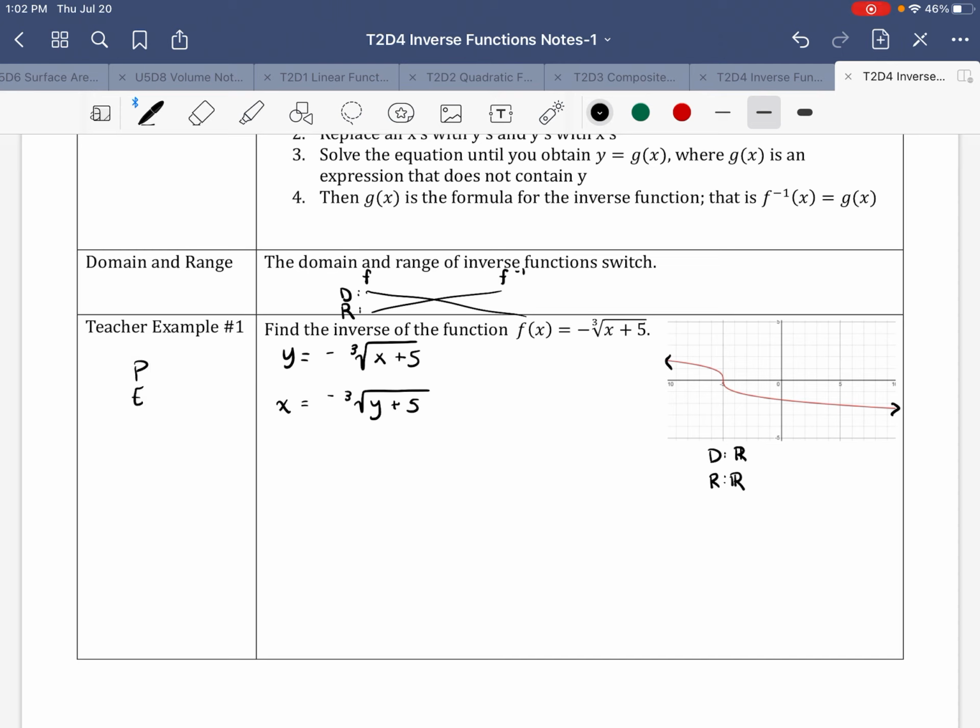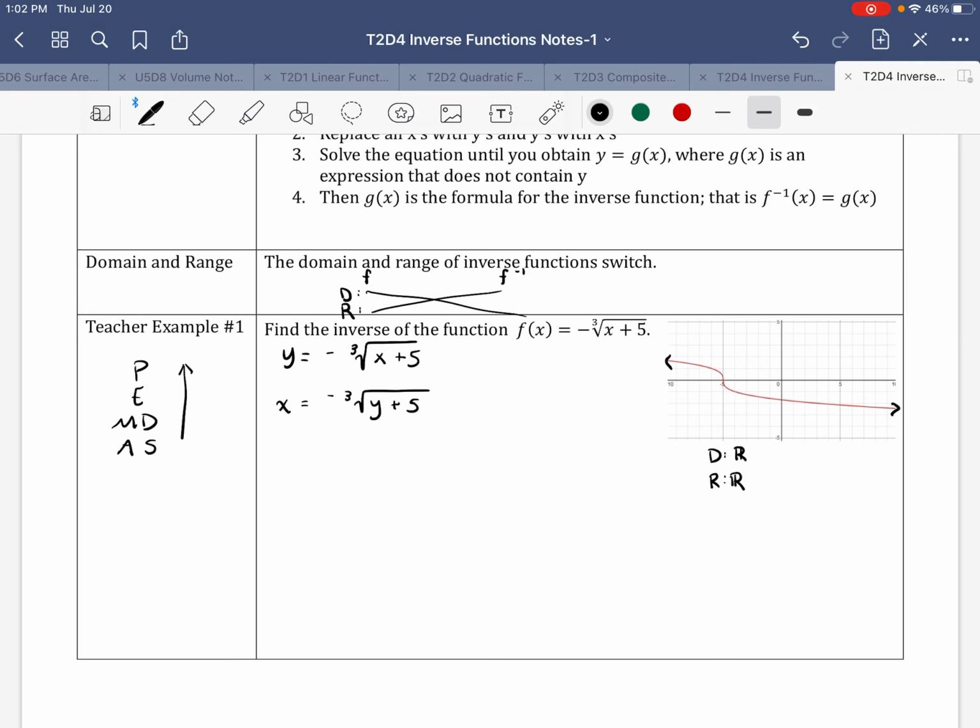And then we can think about using PEMDAS for the order in which we need to solve for our y value. We do have addition and subtraction. We have a plus 5, but the plus 5 is stuck inside of our radical. So in order to get to that, we have to cube at some point, and until we cube it, we can't do the minus 5.